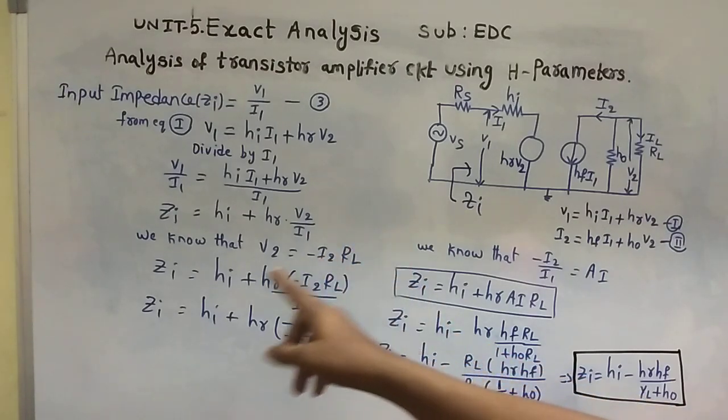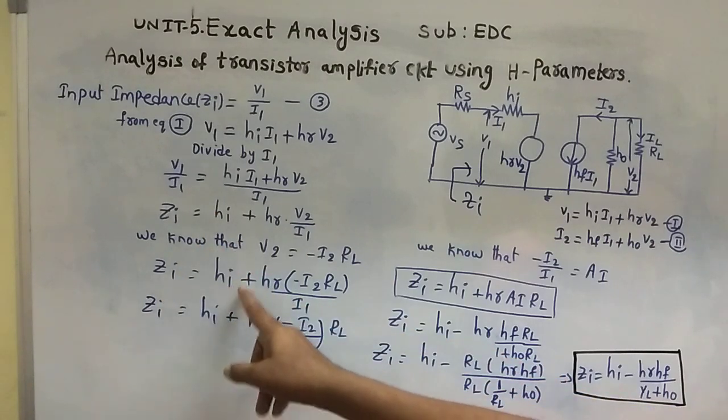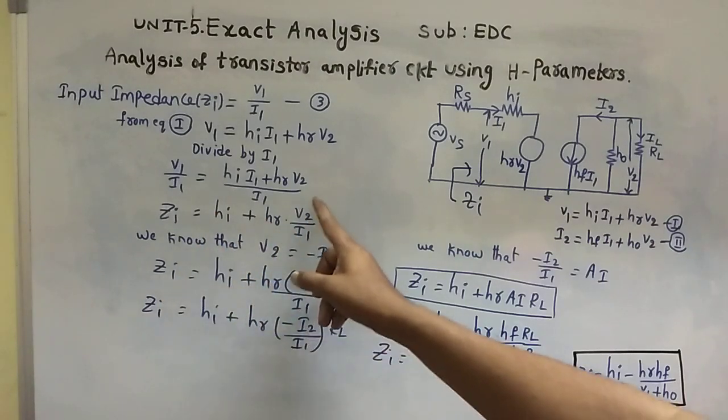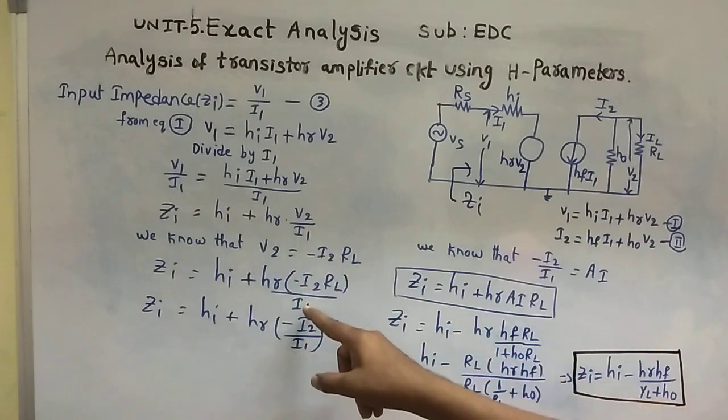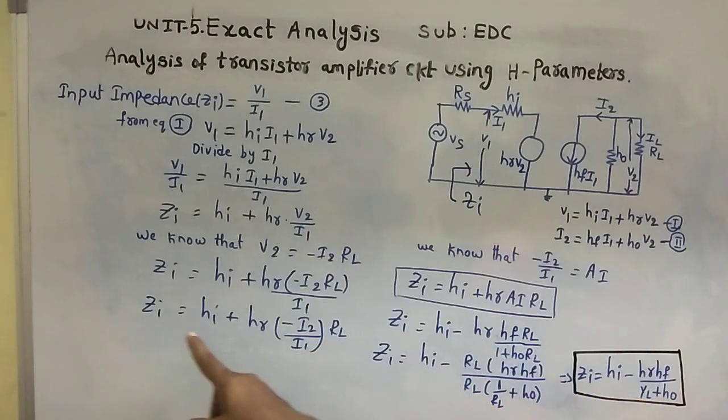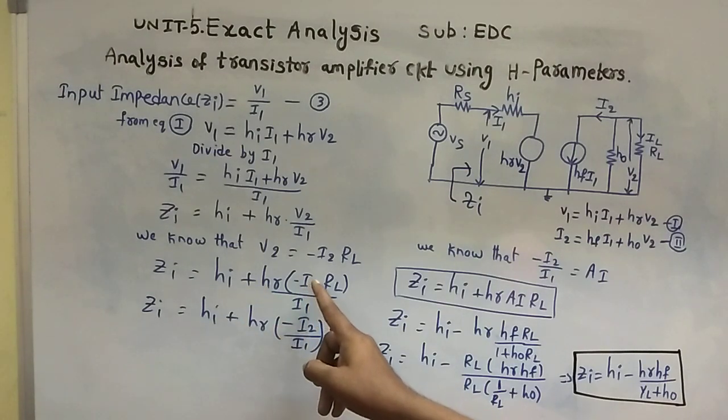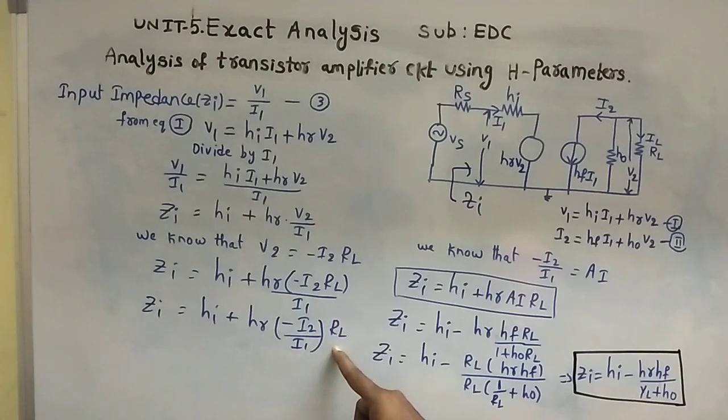That one I am taking. So Zi is equal to Hi plus HR into, in place of V2, minus I2 into RL by I1. Then Zi is equal to Hi plus HR into minus I2 by I1 into RL. Minus I2 by I1 I am writing separately, into RL.